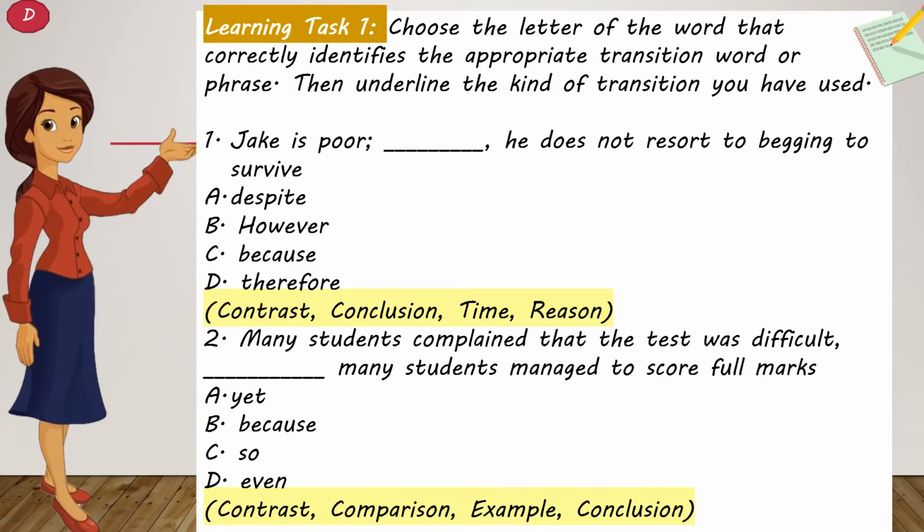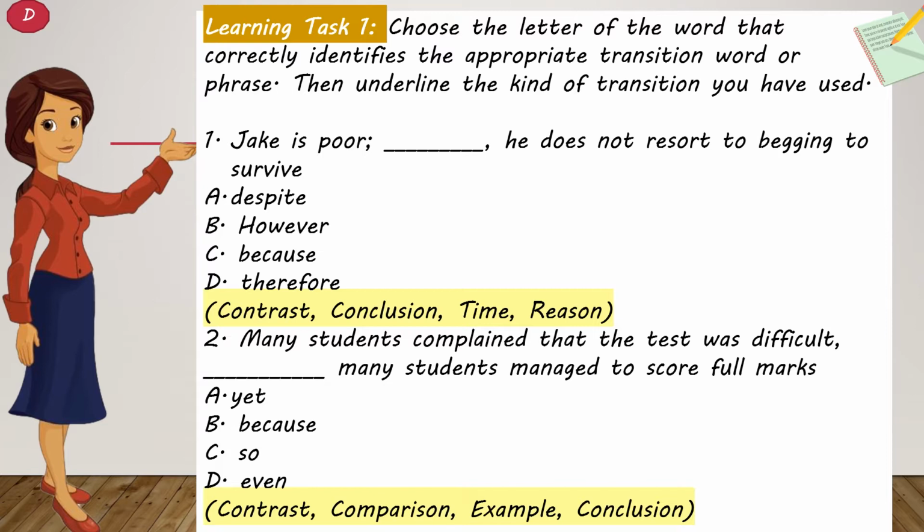So, learning task 1. You're going to choose the letter of the word that correctly identifies the appropriate transition word or phrase. Then you're going to underline the kind of transition you have used. You are going to choose from the words in the open and closed parentheses. Number 1, Jay is poor, blank, he does not resort to begging to survive.